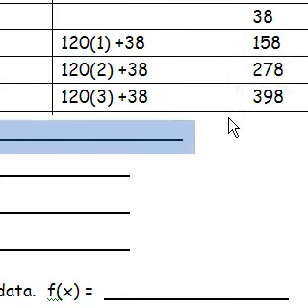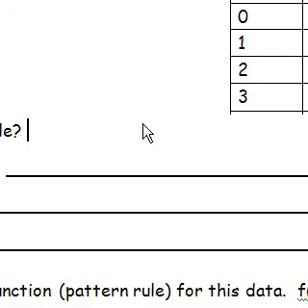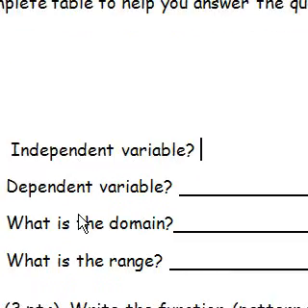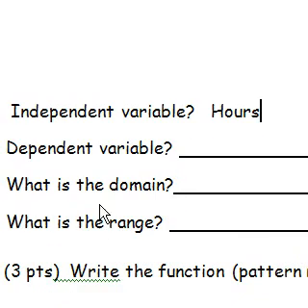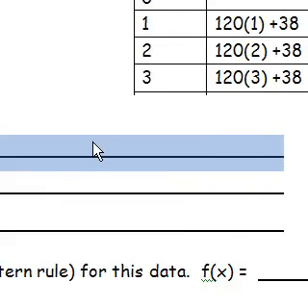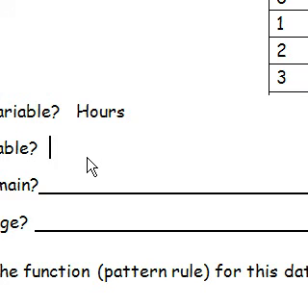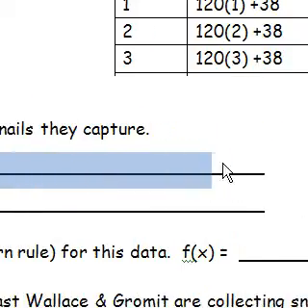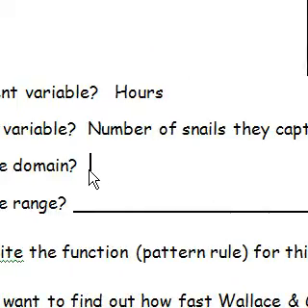The independent variable is very important because our independent variable is always our x variable. In this case, it's a time variable, so it's hours. What depends on hours? Well, the number of snails they catch. The domain, remember, is the set of all x values.